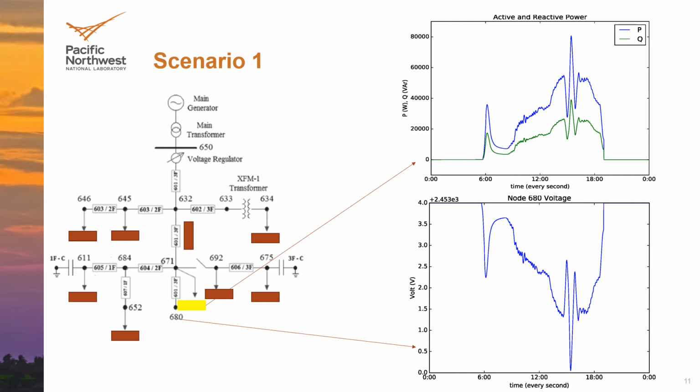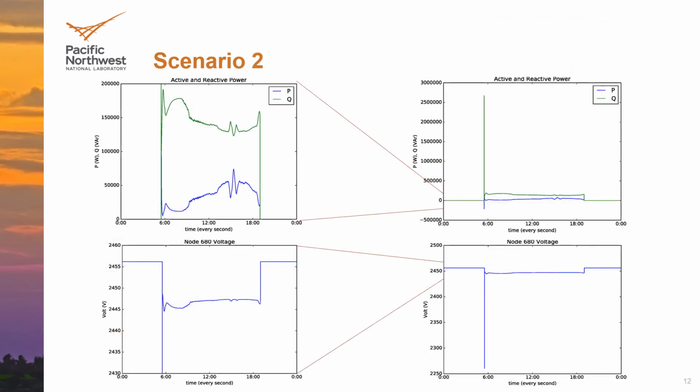For the power, we can see that generally the shapes of the active power and the reactive power are similar. That means the power factor is almost constant across the day. And for the voltage, we can see that it has a similar shape to the power profile. That means the power actually affects the voltage distribution.